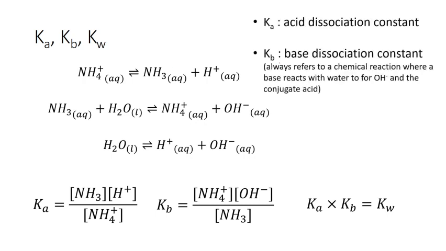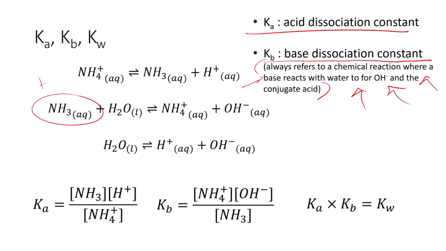And just as a reminder, Ka is our acid dissociation constant, and Kb is our base dissociation constant. A little reminder here, or not a reminder because I think this is new, I don't think I talked about this in the last video, but I'll draw a bunch of arrows here to remind us that Kb is always referring to a chemical reaction where a base reacts with water to form hydroxide and the conjugate acid.